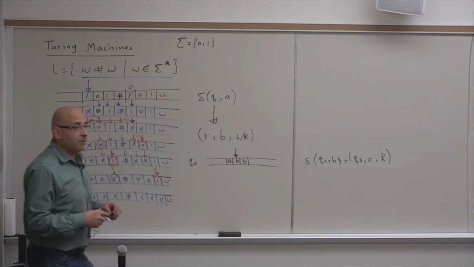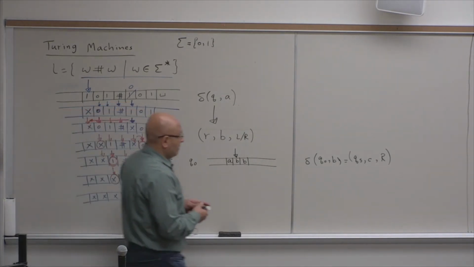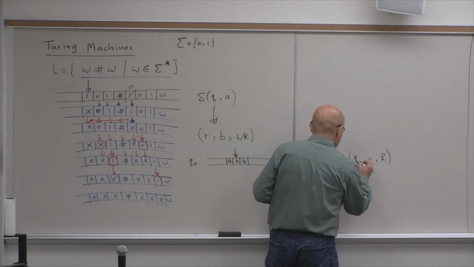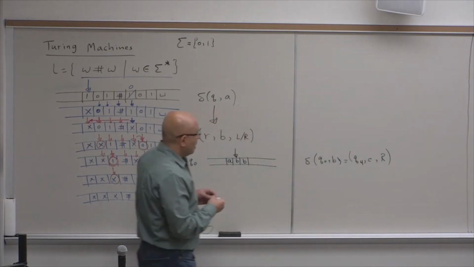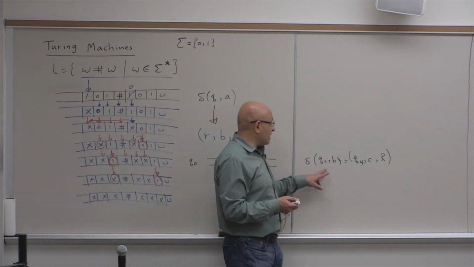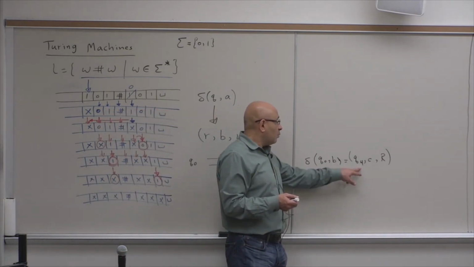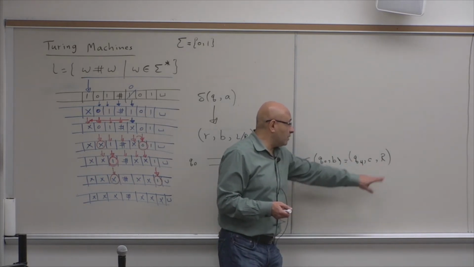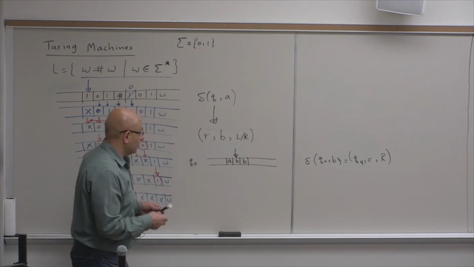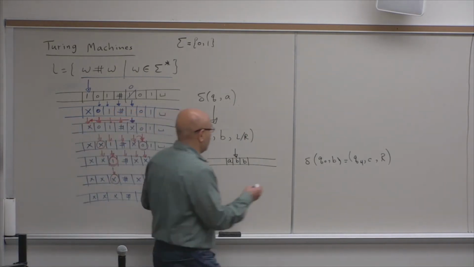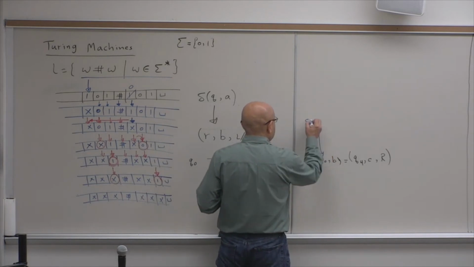So the transition for a Turing machine should specify, let's make it Q4, so that we don't confuse it with an S. So the transition for a Turing machine specifies the next state, what to change the current symbol in the input to, and whether to go left or right. So this is what? This is the current state.